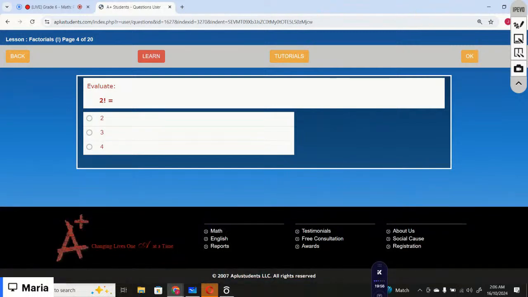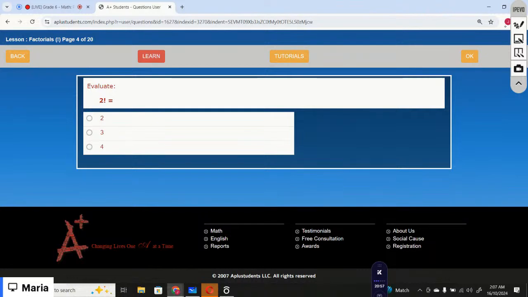Okay, the next one is 2 factorial. So which is the correct option? The correct option is 2, right? 2 factorial equals 2.